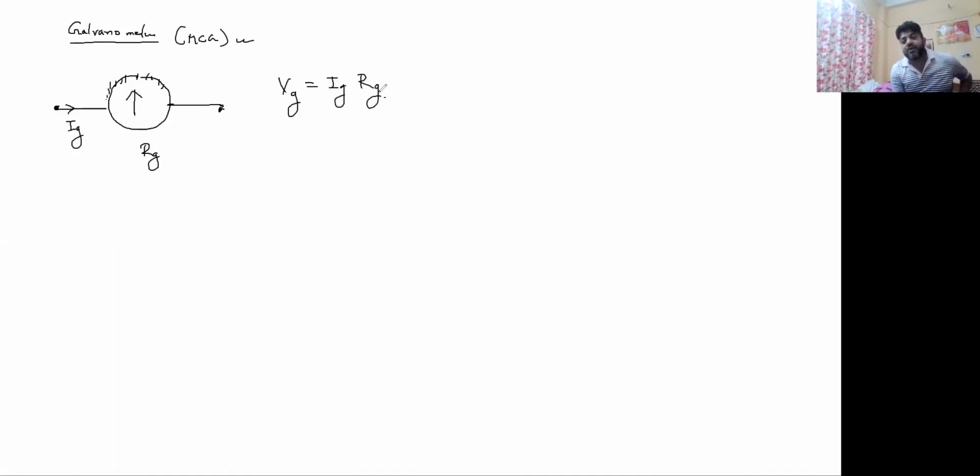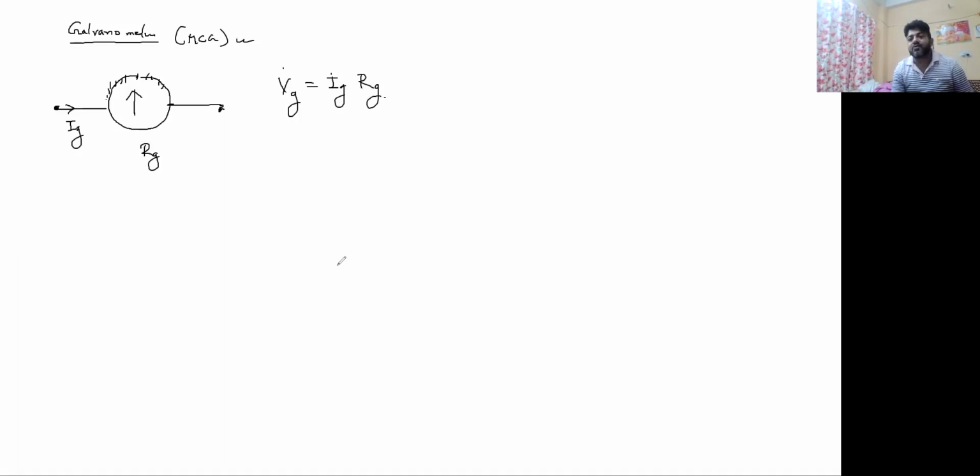So basically we are able to measure current and voltage, but we neither measure current nor voltage using the galvanometer. So the most important question arises: why do we not use a galvanometer to measure current or voltage?